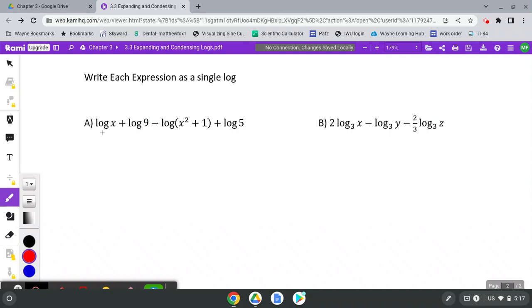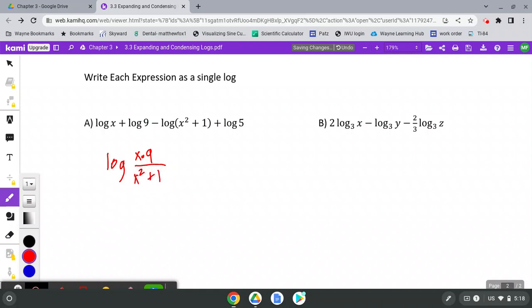So if we look here, first off, we have to check, do they all have the same base? They don't have anything listed for the base, so we know it's base 10. So it's going to be log of the x will be on top times 9. Now we're minus, so all this will be on the bottom here. So we'll have x squared plus 1.